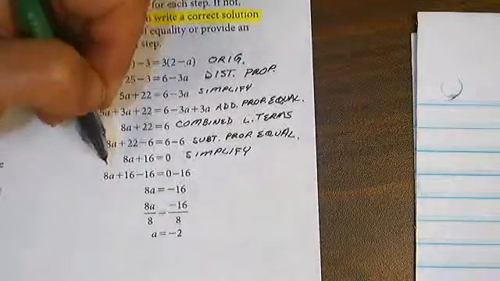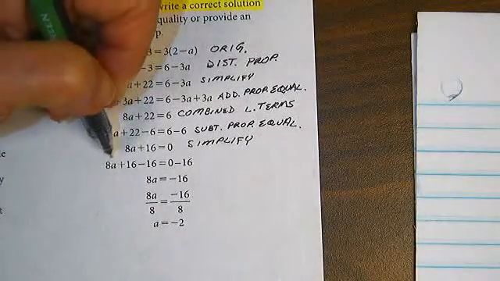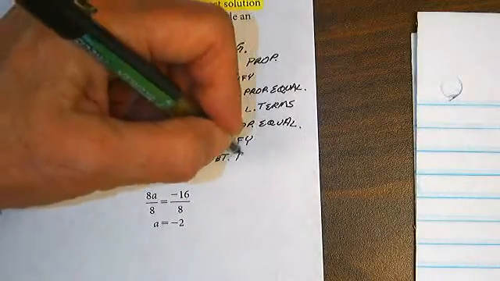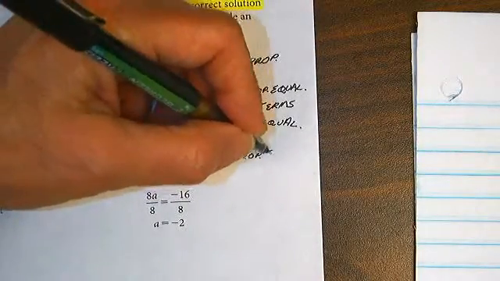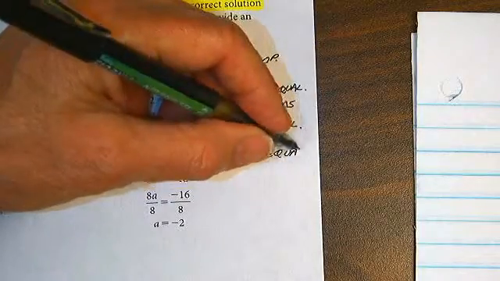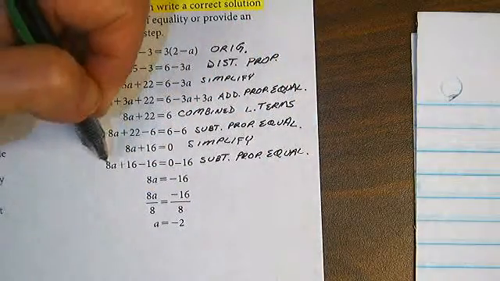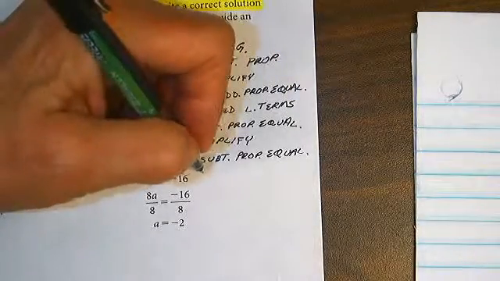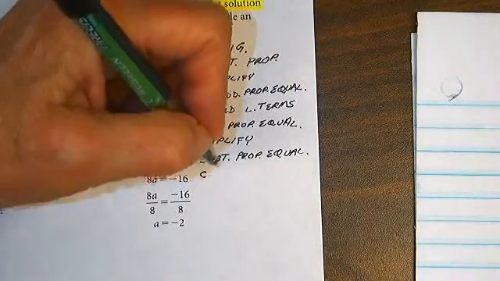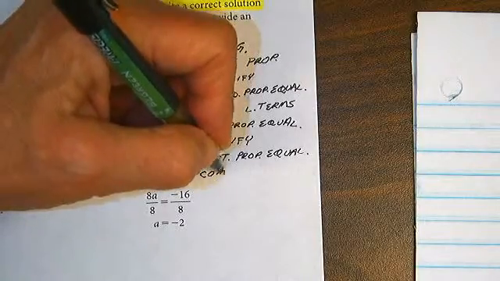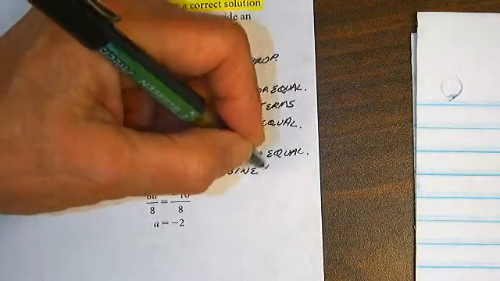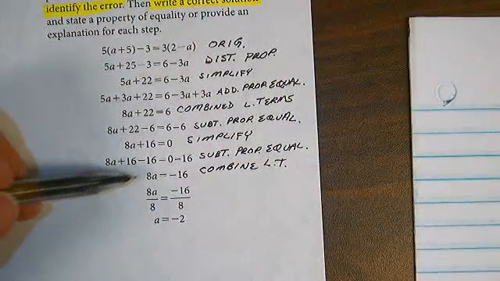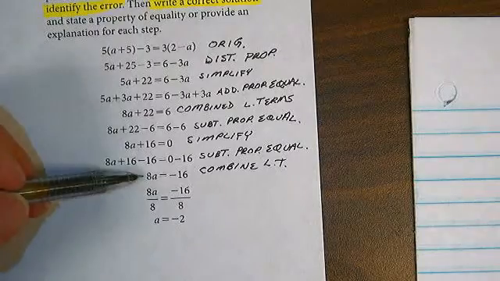Next, we subtract 16 from each side. We do that with the subtraction property of equality. Now we combine like terms again, or we simplify, whatever you prefer. I prefer calling it simplified just because we're working here only with numbers.